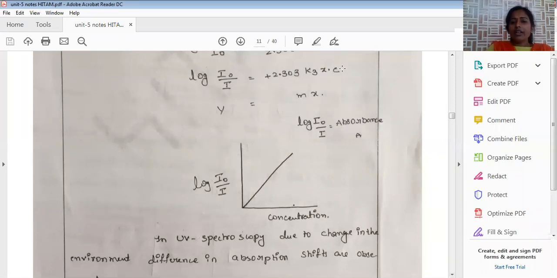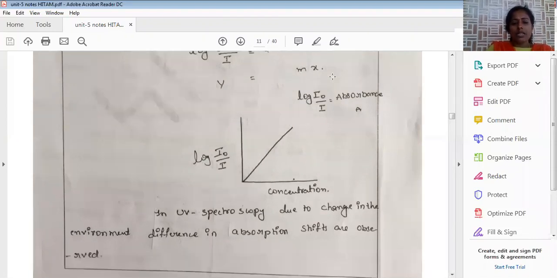The final derived equation is in the form of y is equal to mx. We can plot the graph of y-axis term log I naught by I versus x-axis term, concentration. We will get a straight line passing through the origin, and the slope value will be 2.303 k3x. So this is about the Lambert-Beer's law graph.